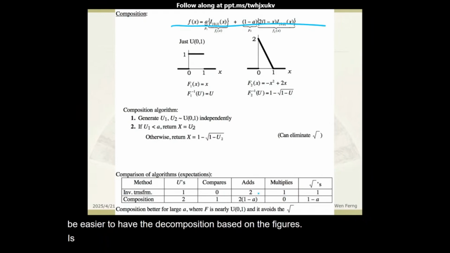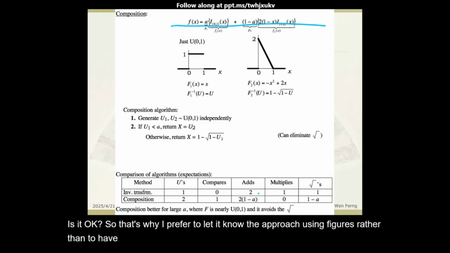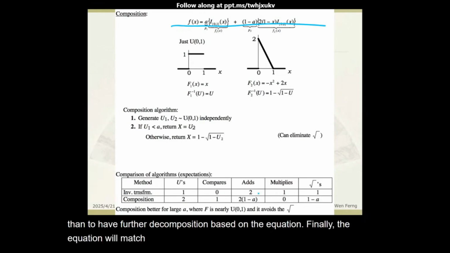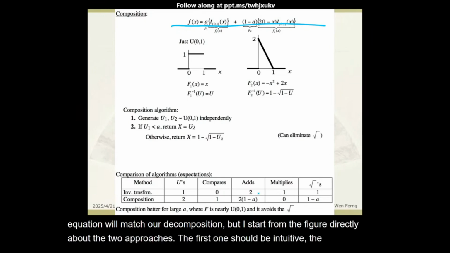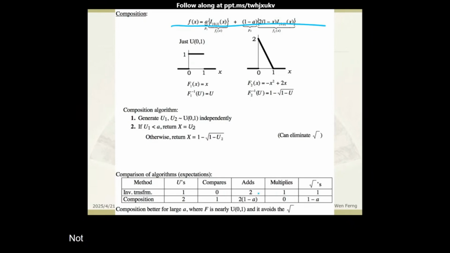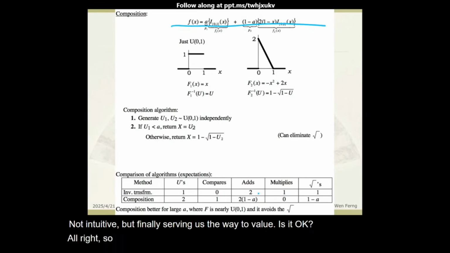So that's why I prefer to let you know the approach using figures rather than the decomposition based on the equation. Finally, the equation will match our decomposition, but I start from the figure directly. About the two approaches, the first one should be intuitive. The second one is not intuitive, but finally serves as the way to validate. Is it okay?